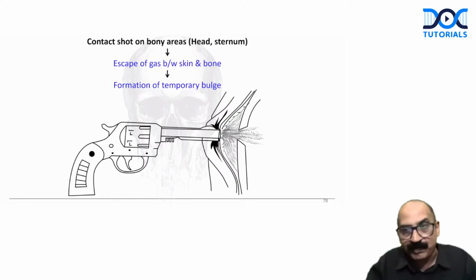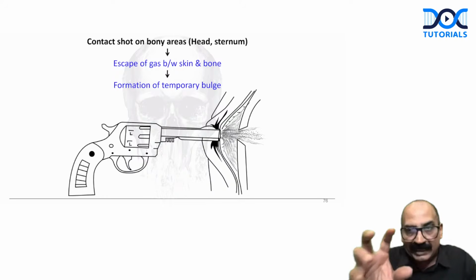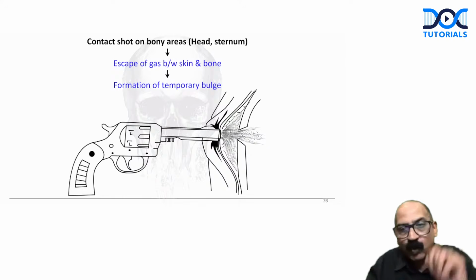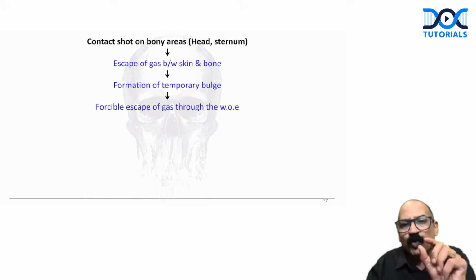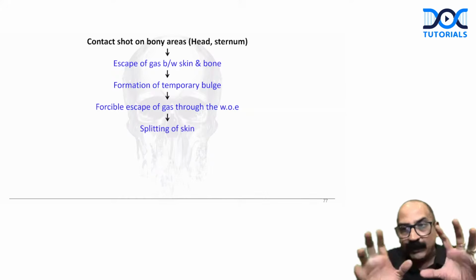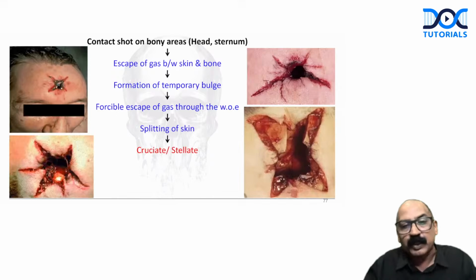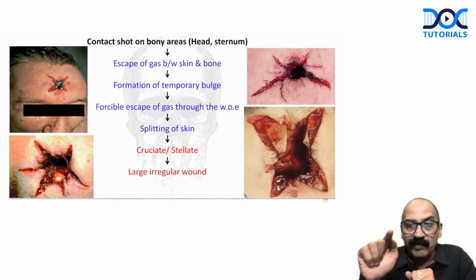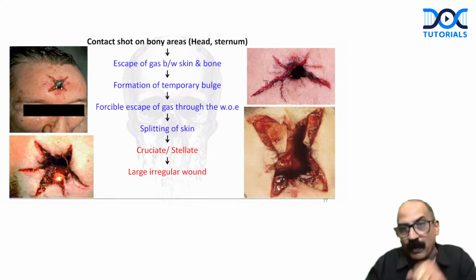As soon as the gun is dropped, whatever gases collected in the temporary bulge try to come out through the same wound of entry forcibly, which causes splitting of the skin and gives rise to a large, irregular, cruciate shaped wound. Okay. This is the only exception where the wound of entry will not be circular or oval. Splitting of the skin takes place.